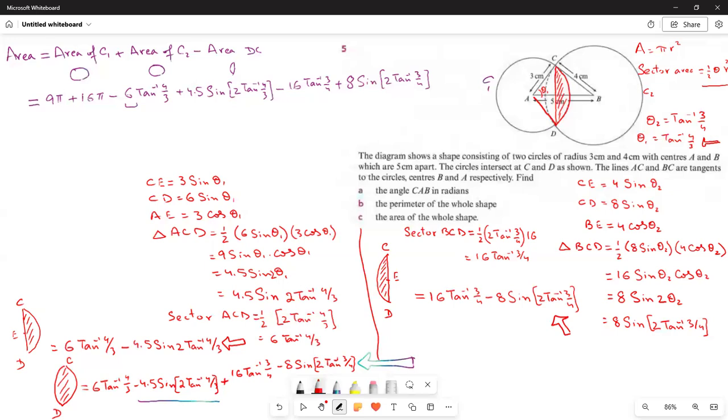Yes, I made a mistake here. Let me correct it. So r square is 9 here. So 2 cancels with 2, I will get 9 here. So yes, this is not 6, it is 9.